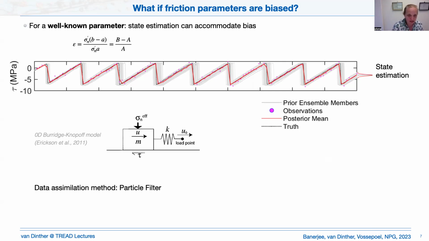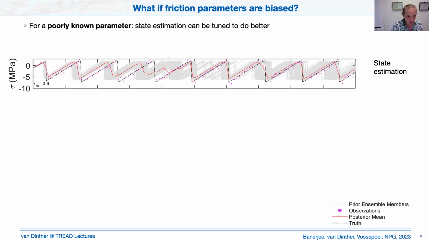So you see that the red line with the posterior mean follows the truth in black fairly well. You see where we put observations there. Now, if we don't know this friction very well, obviously it becomes much harder to then know when these events would occur.